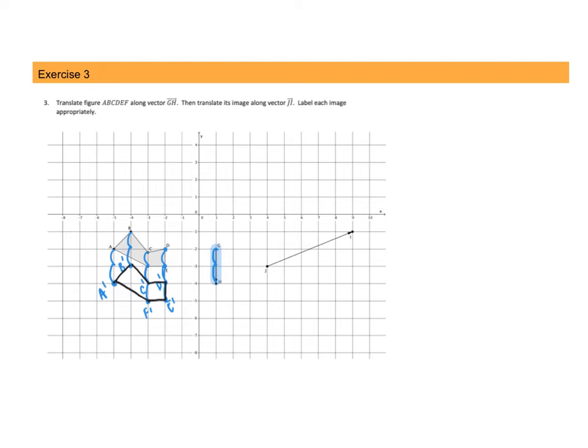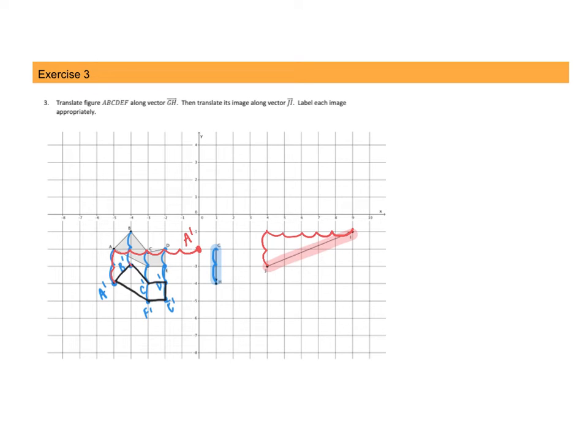And then we're going to translate that image along vector JI. So first I need to figure out what am I doing with vector JI. So to go from J to I go up 1, 2, right 1, 2, 3, 4, 5. So up 2, right 5. I'm going to start with my A prime, go up 2, right 5. Here's A double prime.